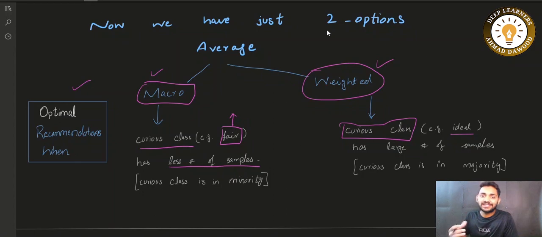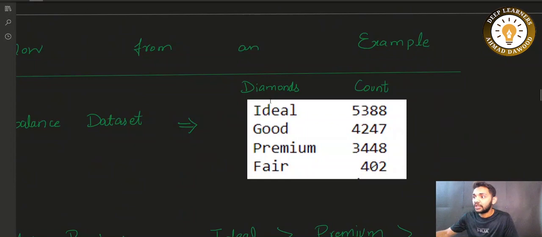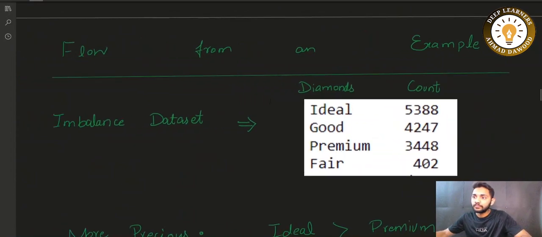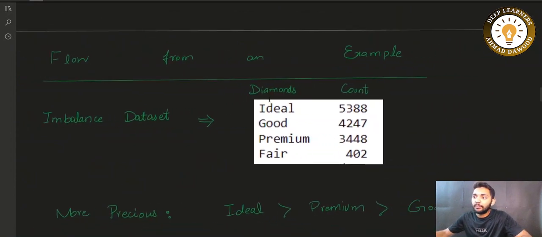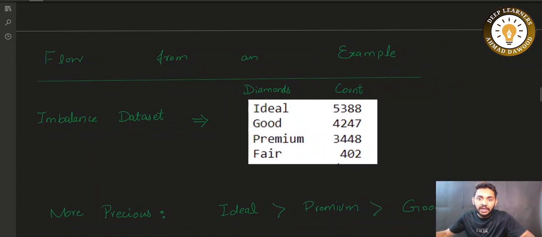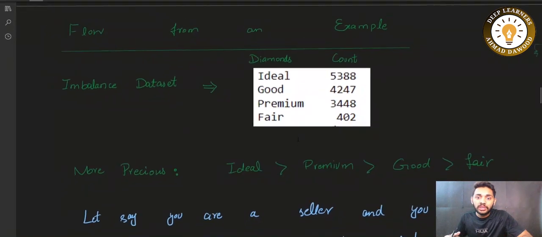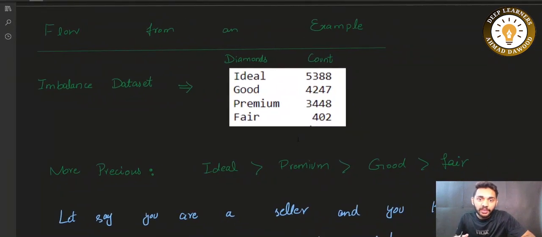Now we will discuss some scenarios, and according to me, I will tell you which performance measure we should use. First of all, the problem is the same here. We have an imbalanced data set. Ideal diamonds are in the majority compared to all other diamonds, and we also know from our problem statement that ideal diamonds are more precious, more expensive, and have more importance.